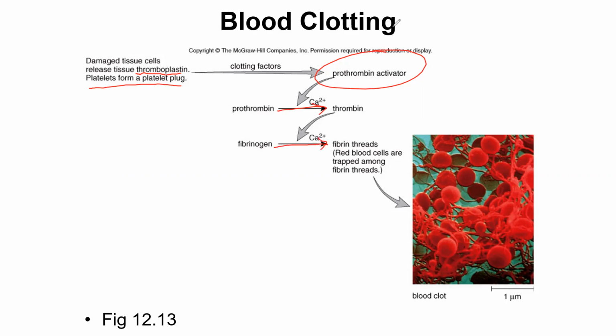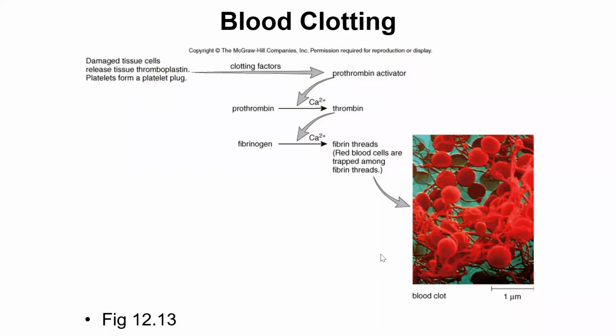And you can see all of these little threads here on the image on the right. Those are fibrin threads that basically trap red blood cells and other cells in there and form a nice plug. It's sort of like gauze or a meshwork that stops blood flow. So that's essentially what happens to create a clot.